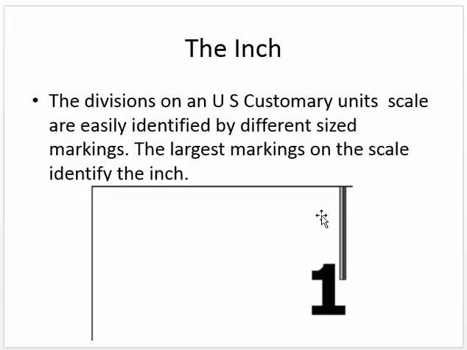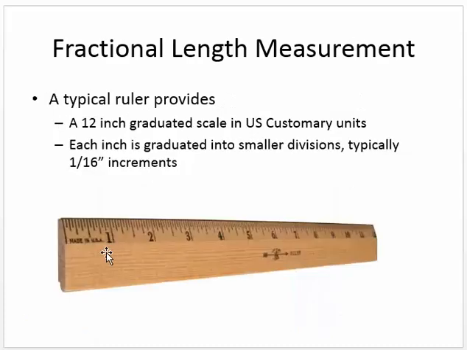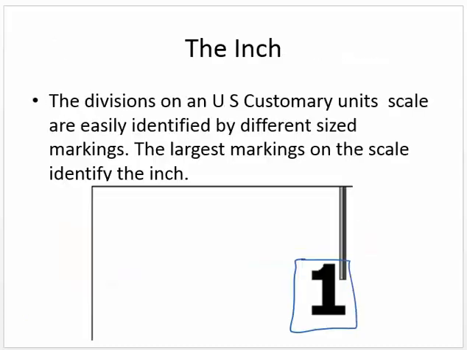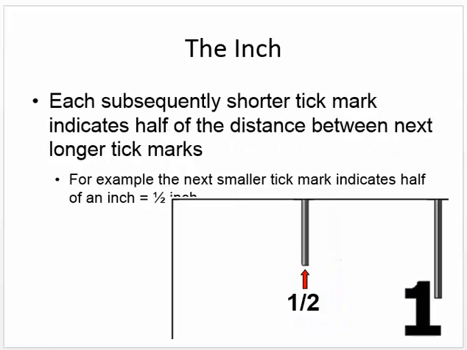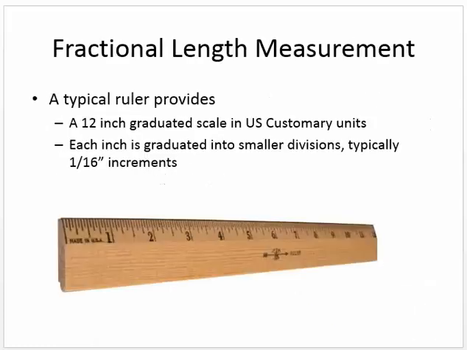Okay, on your rulers, the ones that are identified are the inches. And sometimes you'll see rulers that identify more than just the inch, but the big one here, the numbers, are the inch. You'll see that here, 1 inch, 2 inch, and so forth. The next biggest one gives us the half inch. You've got the next biggest markings, for example, here and here.